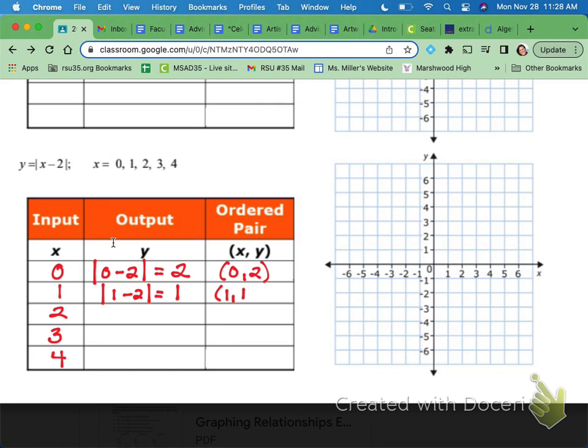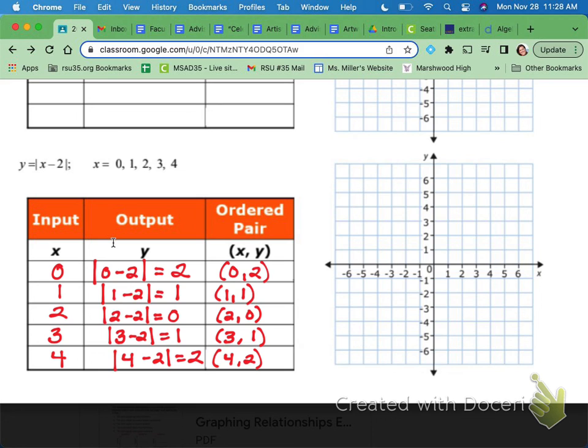So we've got 1, 1. Absolute value of 2 minus 2 is 0. So we've got 2, 0. Absolute value of 3 minus 2 would be 1. So 3, 1. Absolute value of 4 minus 2 would be 2. So 4, 2.